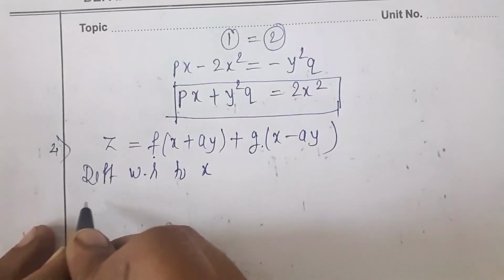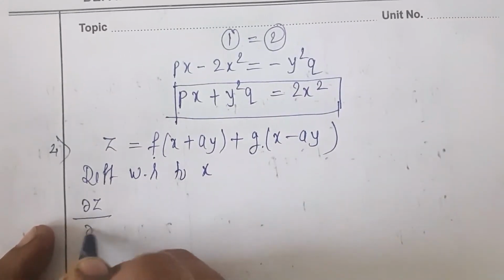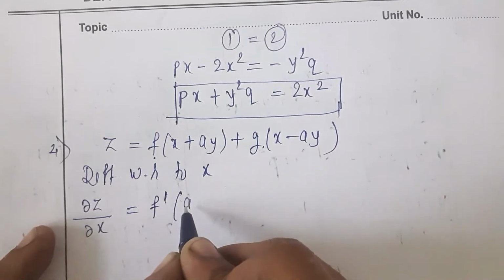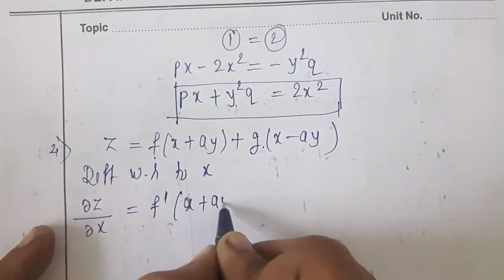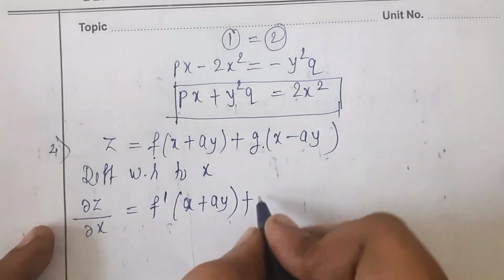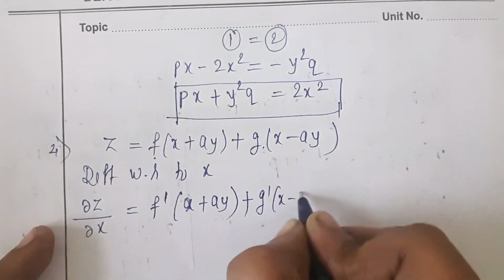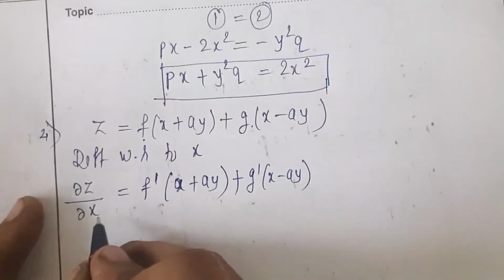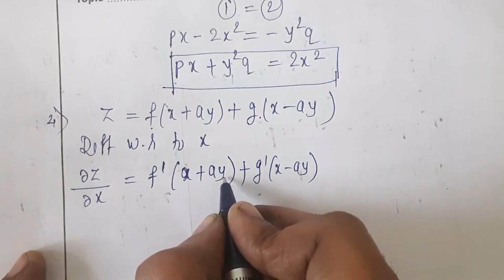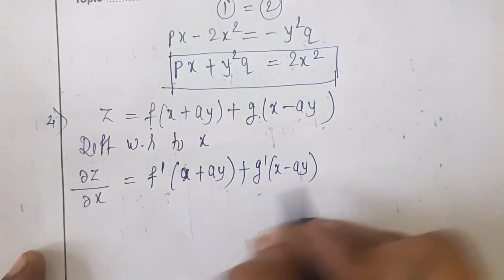The derivative of z is del z by del x, which is equal to the derivative of f, f dash of (x plus ay), plus g dash of (x minus ay). This is 1. Again find its derivative, because the derivative of x plus ay is 1 and the derivative of x minus ay is 1.